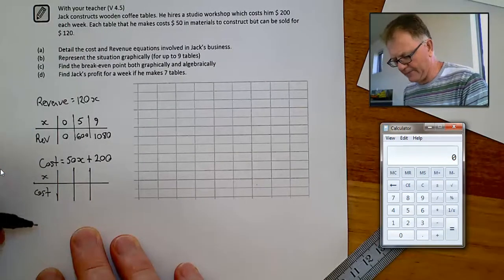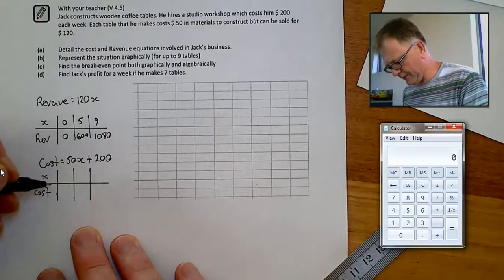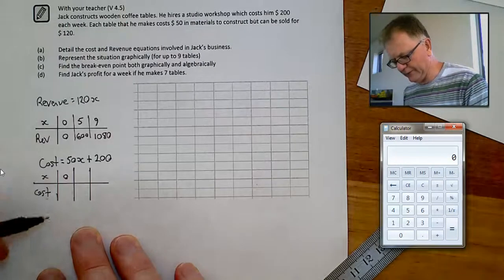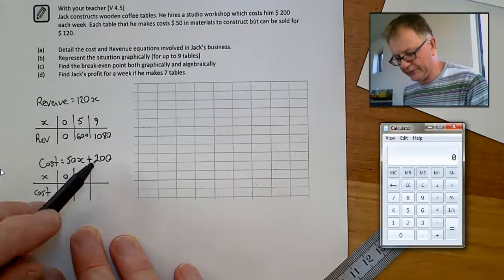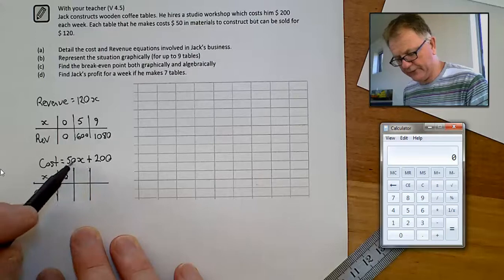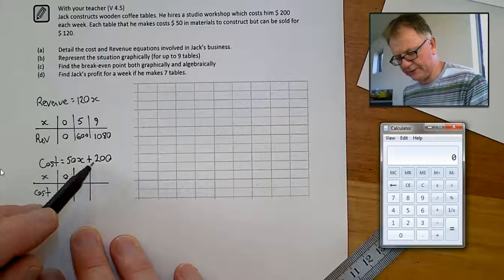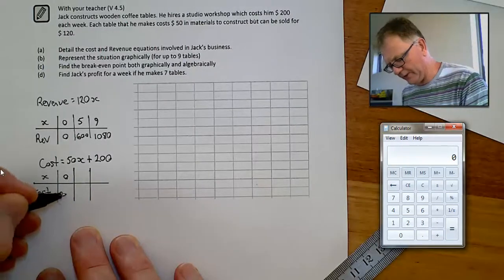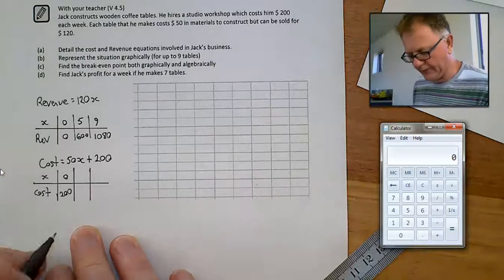So, if he makes no tables, the cost is still $200. Cost equals 50 times 0 plus 200. The cost will be $200. That's because he must hire that studio.